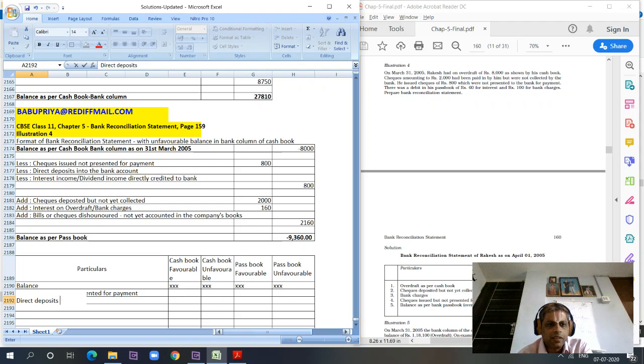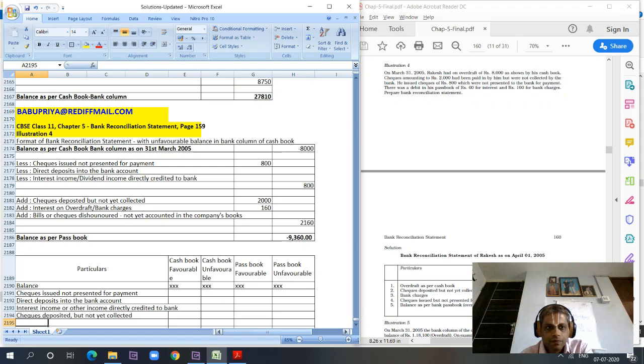Direct deposits into the bank account. Interest income or other income directly credited to the bank. Then we have checks deposited but not yet collected.